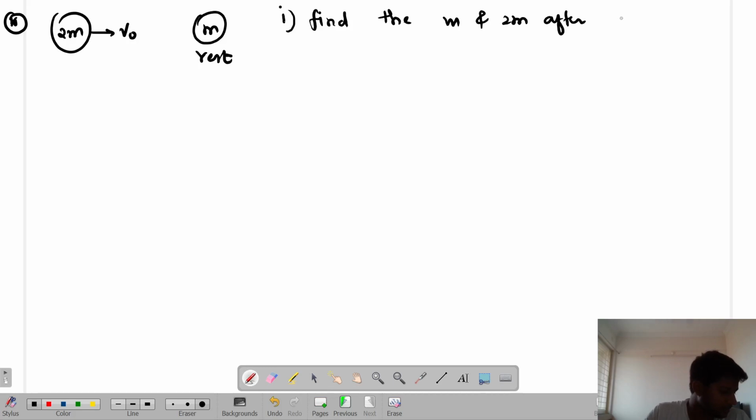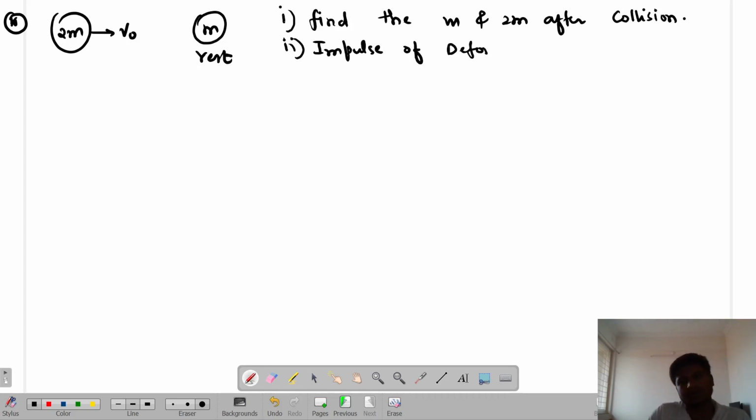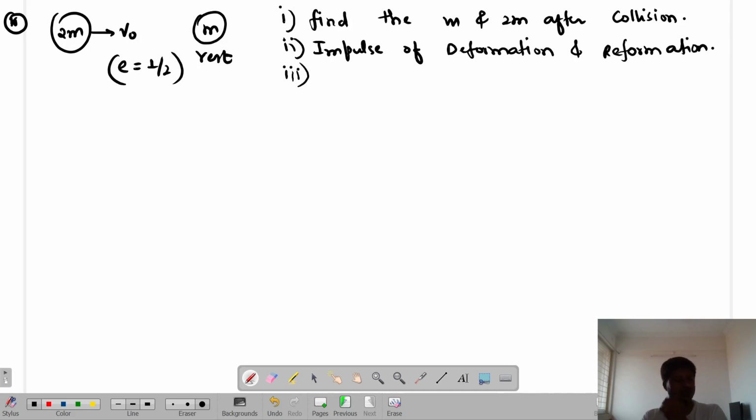Second, the impulse of deformation and reformation, such that E between the balls is 1 by 2. Third, the maximum loss of kinetic energy during collision.